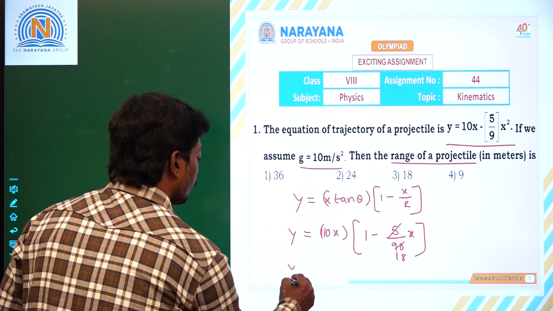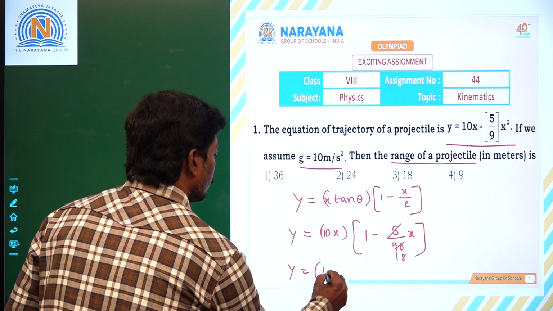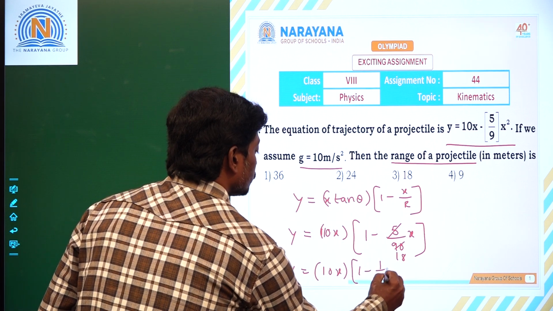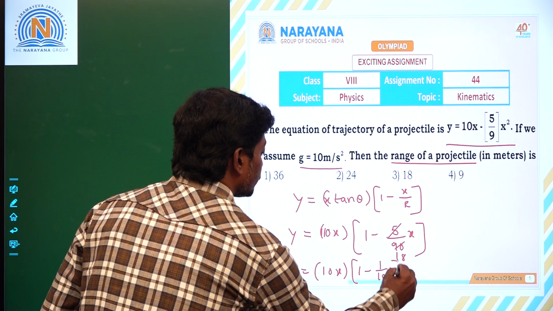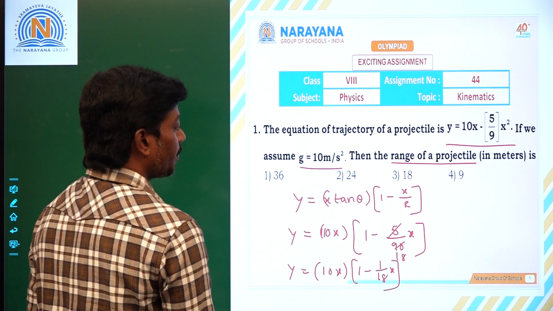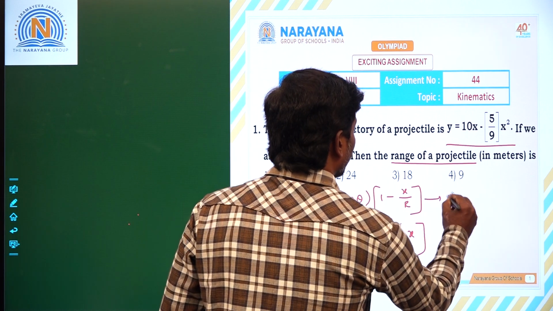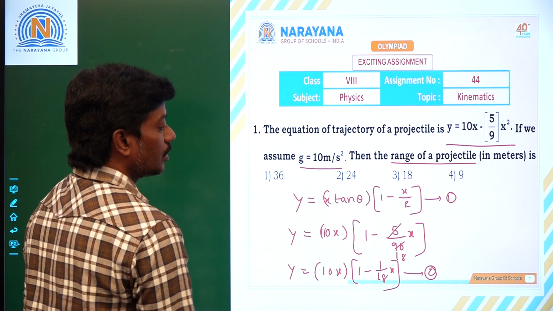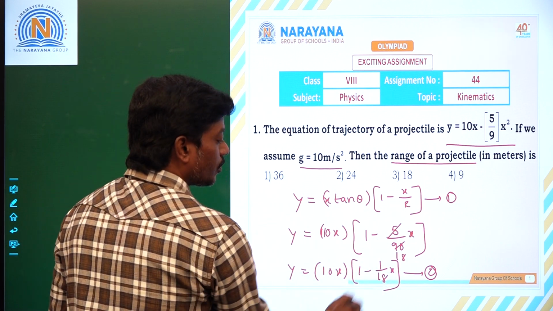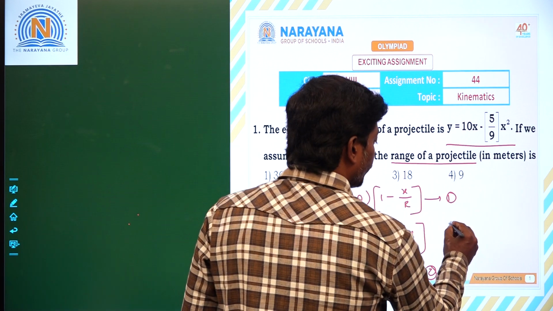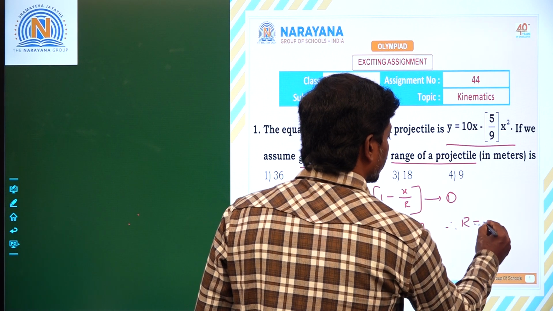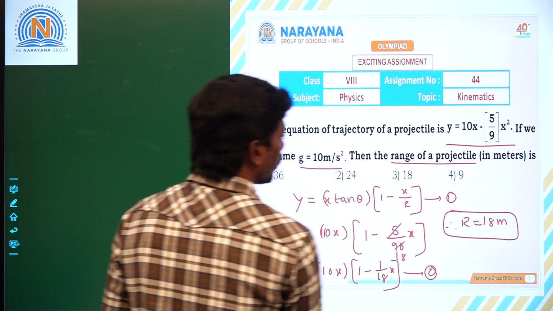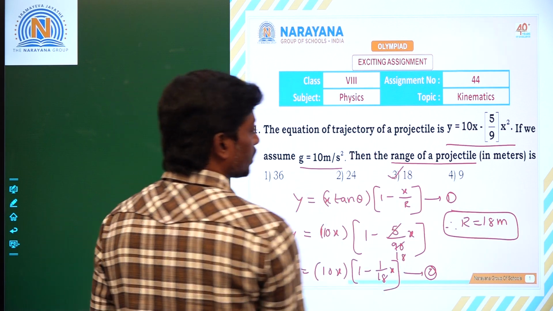Then we have y = 10x (1 − 1/18 x). Now if you compare equation 1 and equation 2, you can say that R = 18. So therefore the range of the projectile is 18 meters. According to this, the third option is correct.